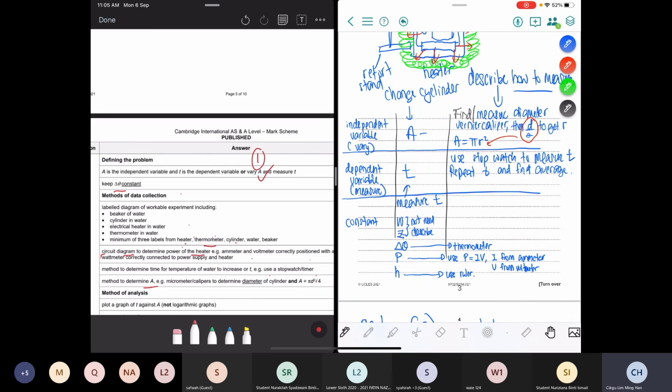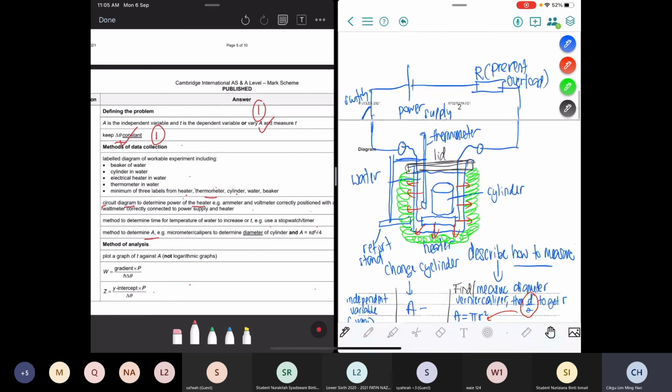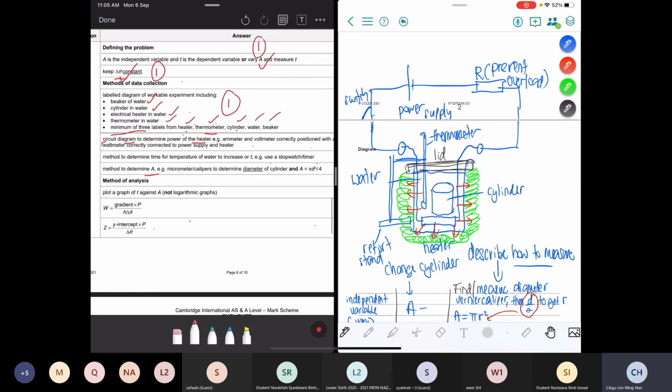Hamizan talked about the constant theta, 1 mark. Then let's look at the diagram. We have a beaker of water, a cylinder in water, an electrical heater in the water, and a thermometer, and we labelled at least 3: heater, thermometer, cylinder, water. So we have 1 mark here.